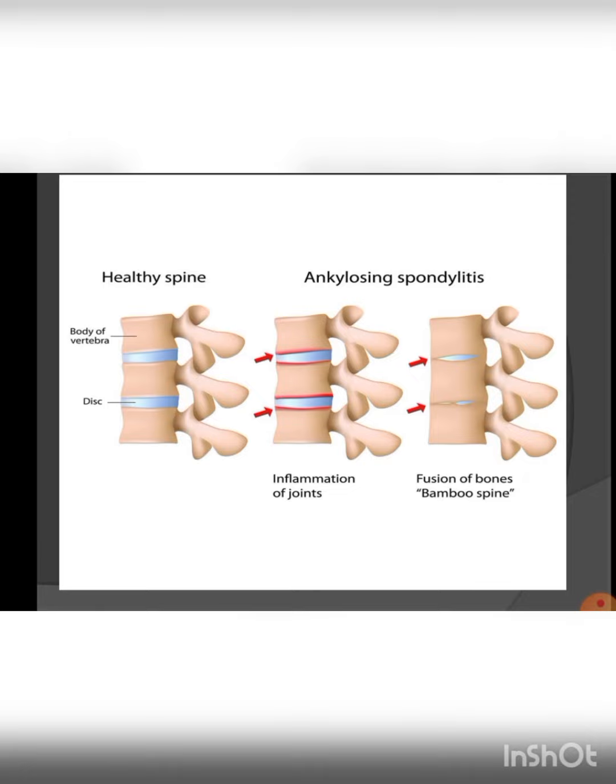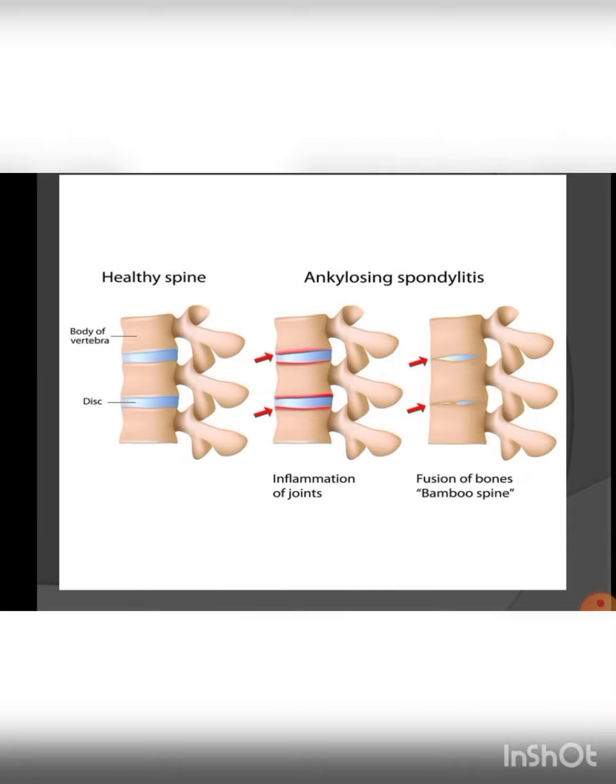So these two places are involved in ankylosing spondylitis: one is the intervertebral disc, and the other is the facet joint. When inflammation occurs between these two places, the disc is destroyed, and between the two bones there is no space.